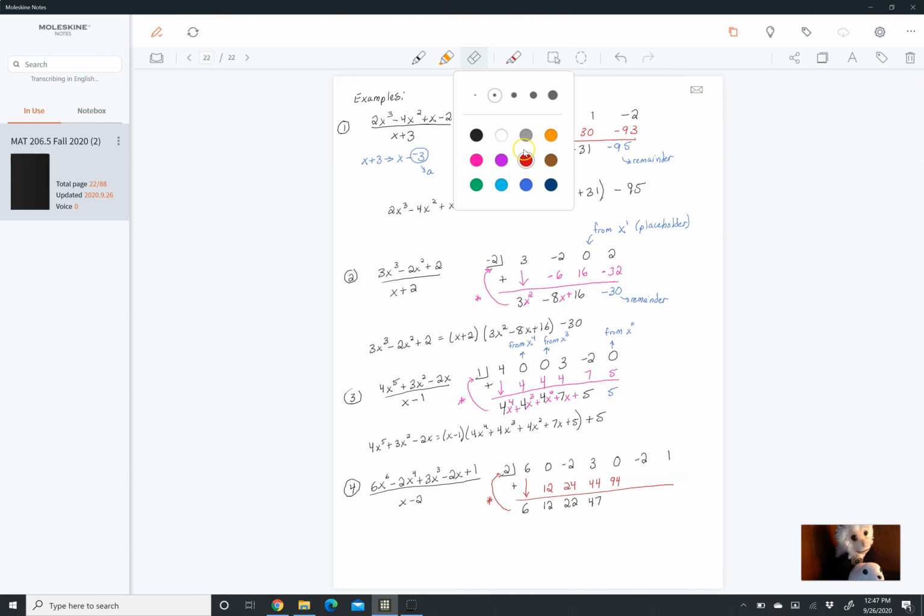And when we add, we get 94. Then we multiply. 94 times 2 is 188. Then we add. 188 and negative 2 is 186.